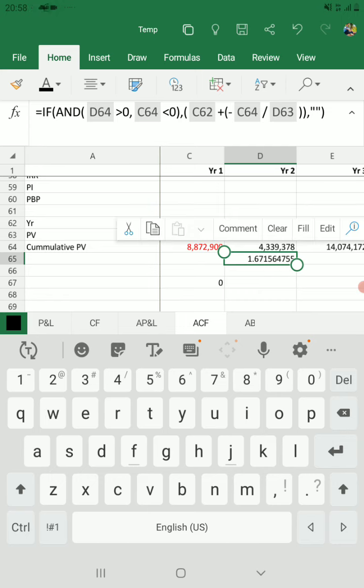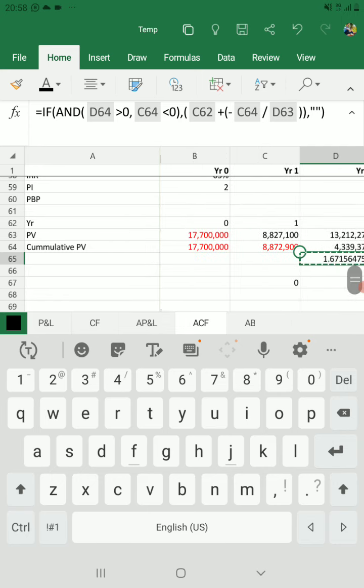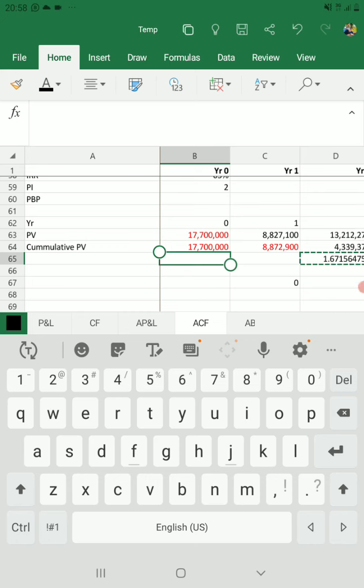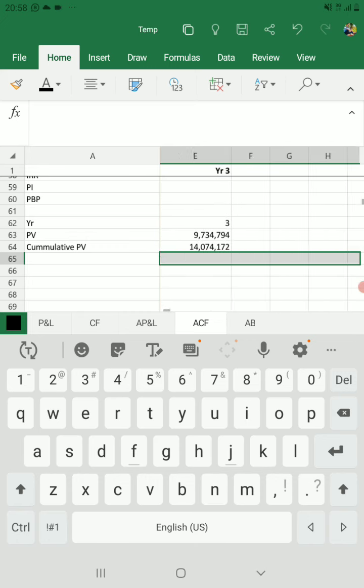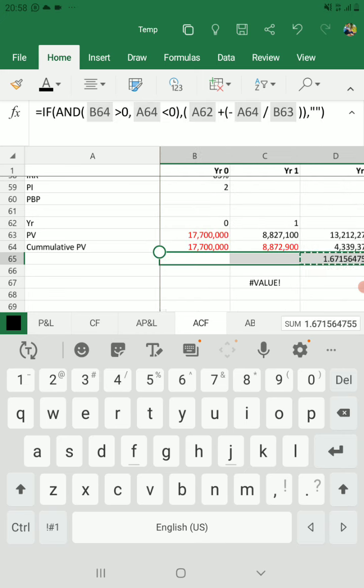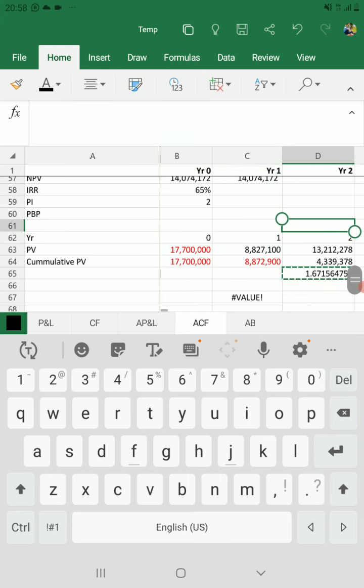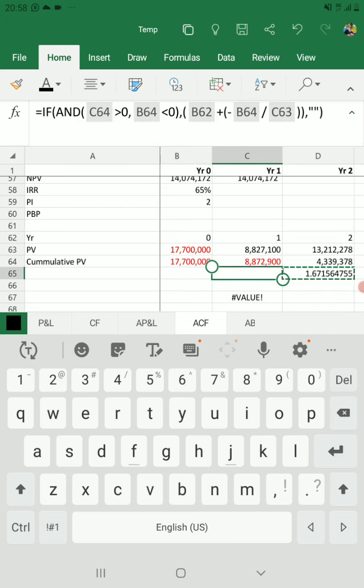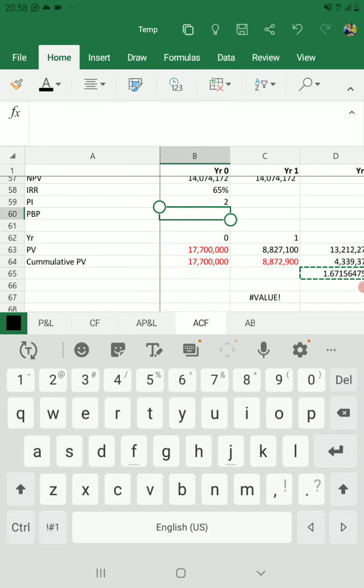So I copy this, then select all of this up to the year end and paste the formula. Okay, so after doing that, our payback period is simply put the formula here.